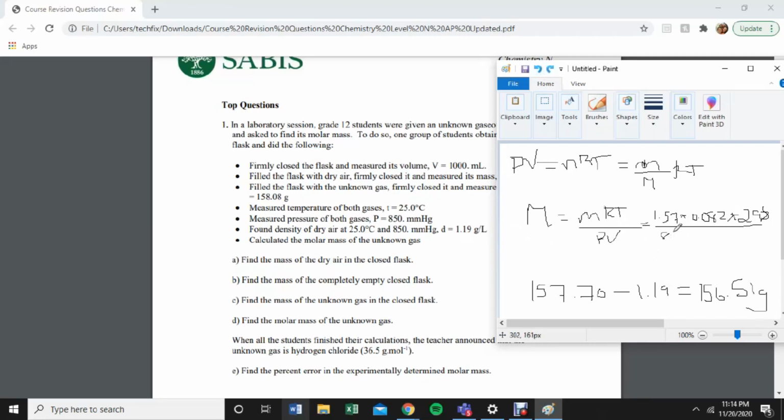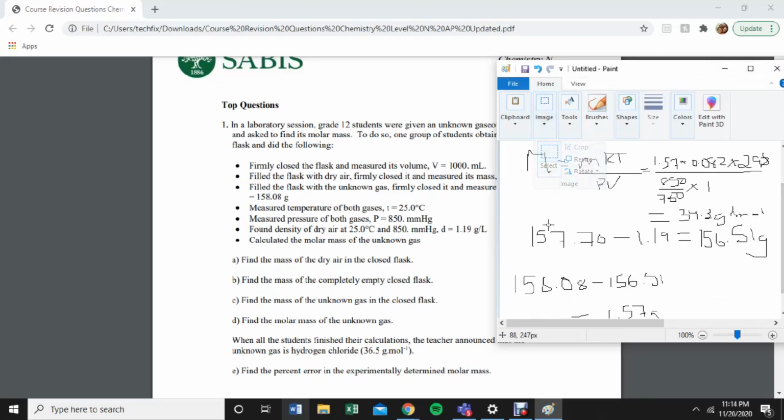It's 850 divided by 760 times the volume, which is 1, and you end up with 34.3 grams per mole.